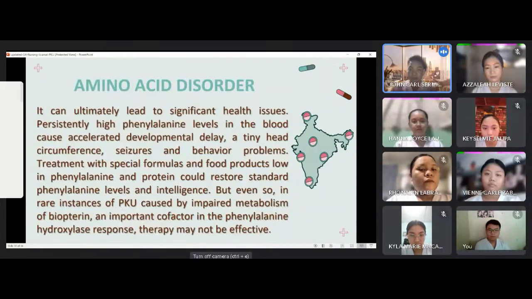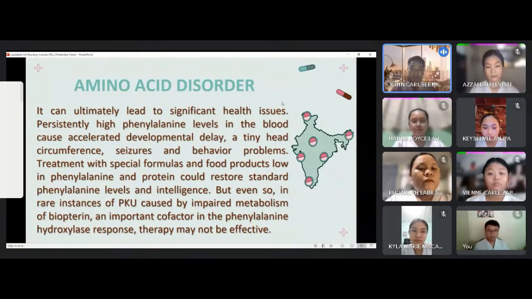It may potentially result in serious health problems. Accelerated developmental delay, a small head circumference, convulsions, and behavioral issues are all results of persistently elevated phenylalanine levels in the blood. So it may be possible to recover normal phenylalanine levels and intelligence with the use of special formulae and protein and phenylalanine-free food products.